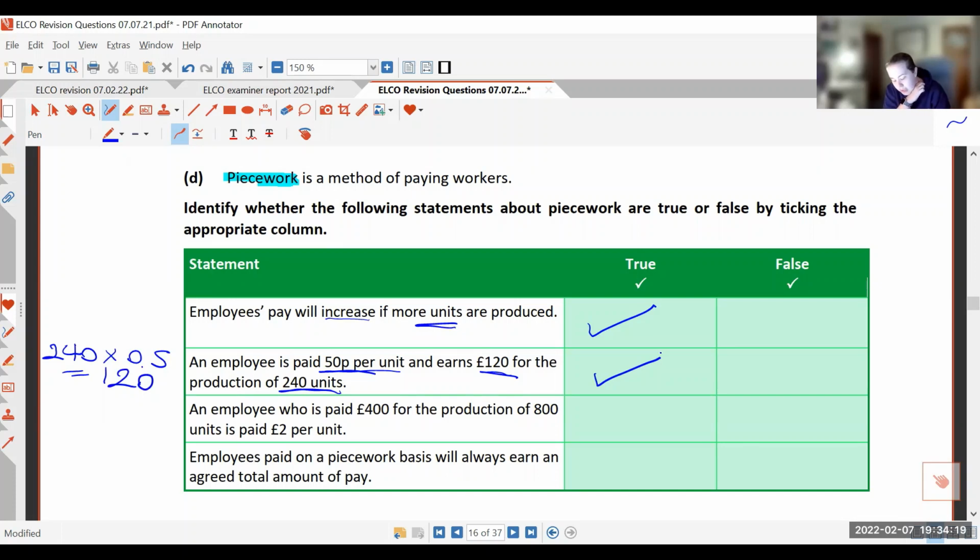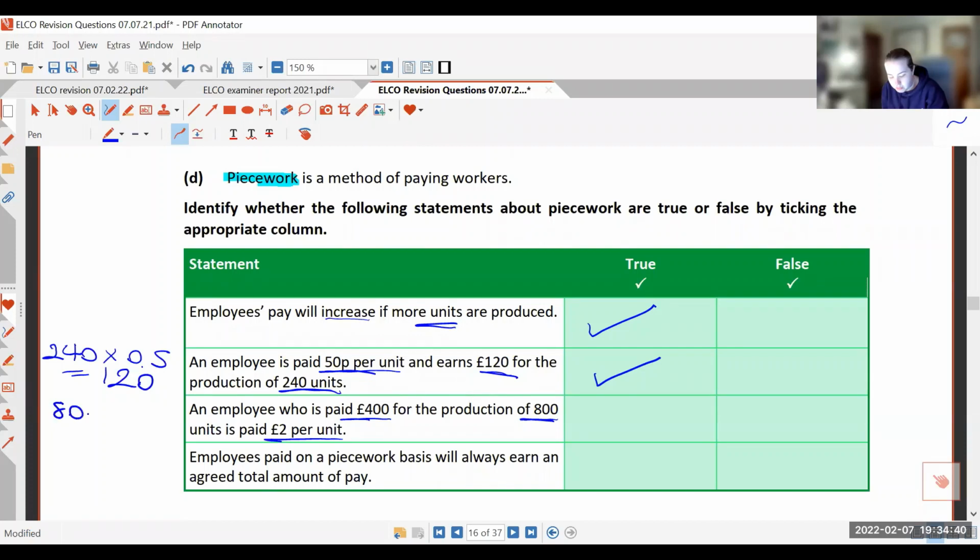Okay, so next one is an employee who's paid £400 for the production of 800 units is paid £2 per unit. A bit dubious on this one. We'll do the calculations in a similar way. We're looking at those units and the per unit element.